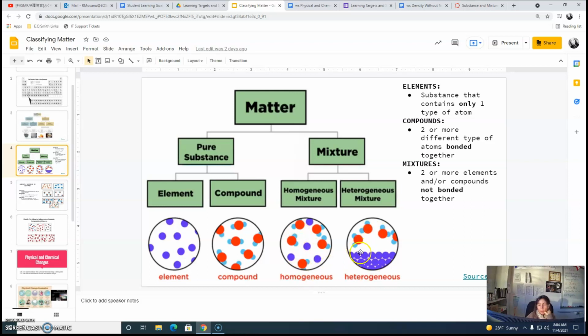If you see something where there's a clear separation, so all of these purple atoms are clearly separated from these molecules up here, then that would make it a heterogeneous mixture.